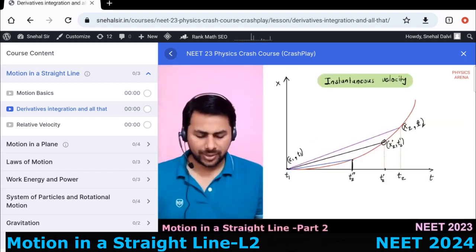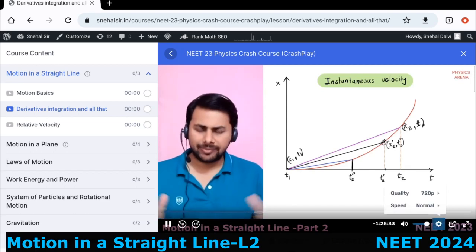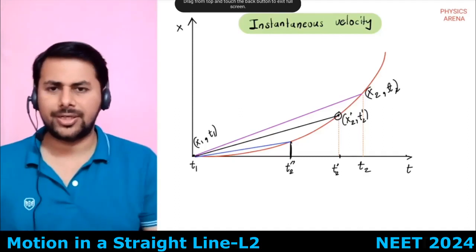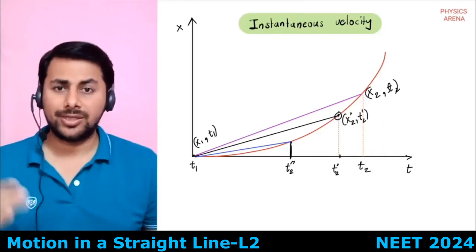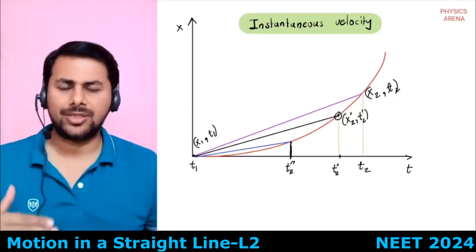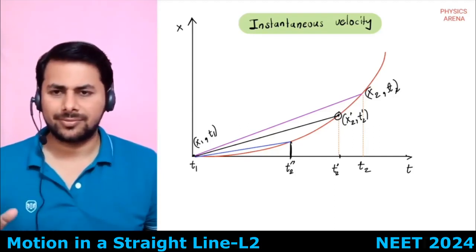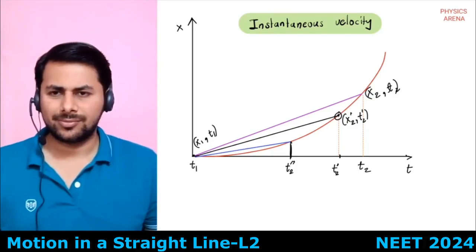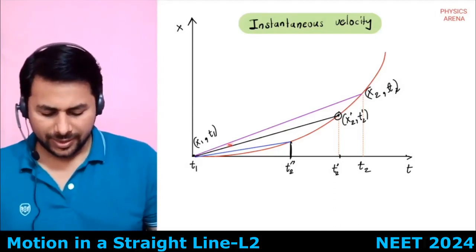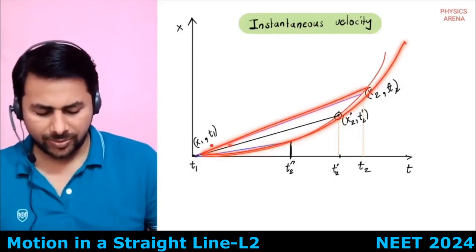Yes, sir. Okay, so what is happening as I am taking the time closer and closer to the initial time? What is happening to these lines whose slope will give you velocity? What is happening to these lines? Can you say that this is your curve and this was your first line?